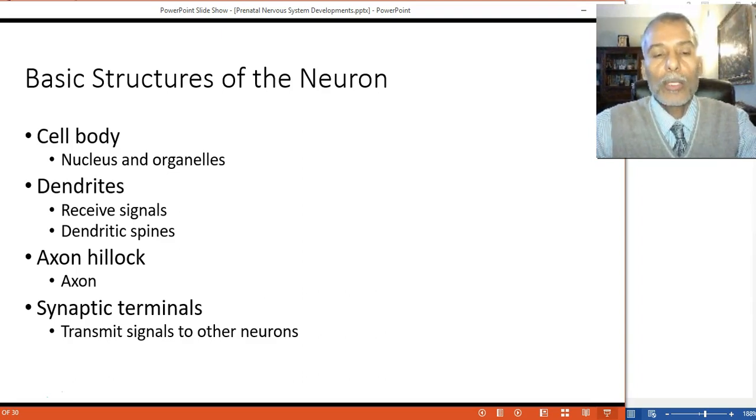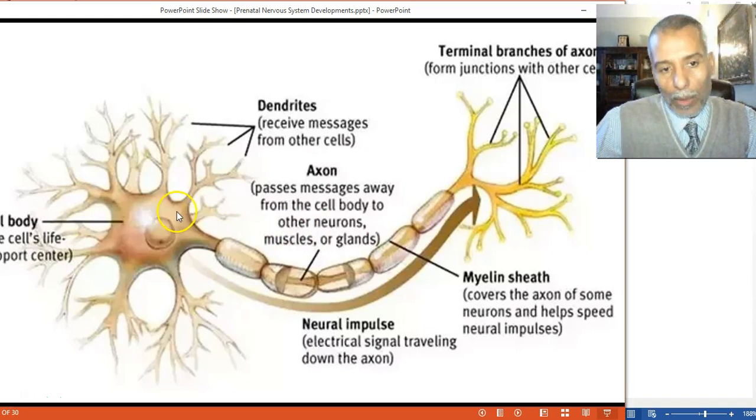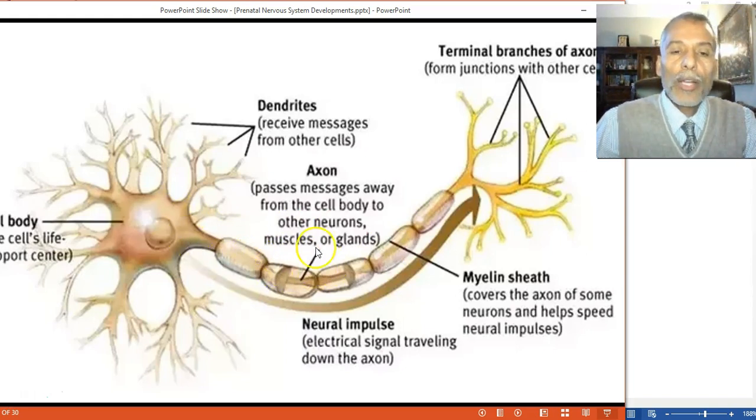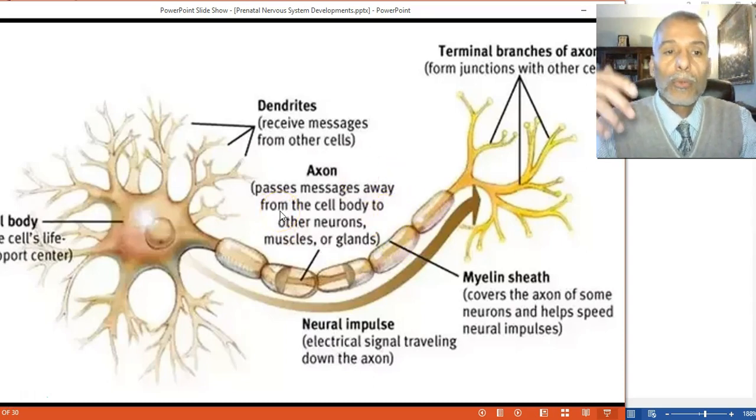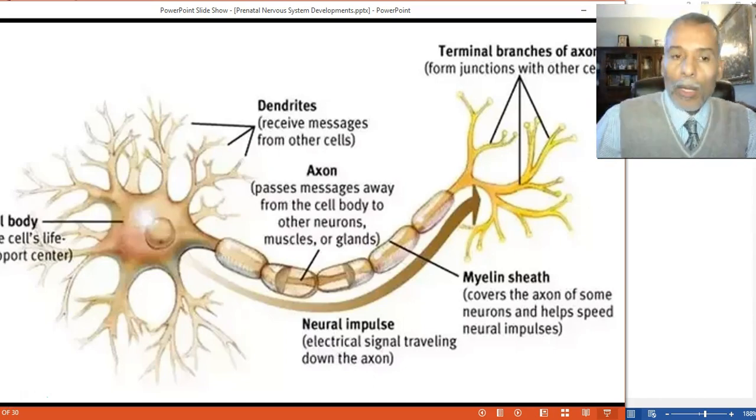We'll speak about these two types afterwards. The motor neuron is a simple kind of neuron that shares basic structures with the other kinds of neurons, so it is commonly used to show the basic structure of the neuron.